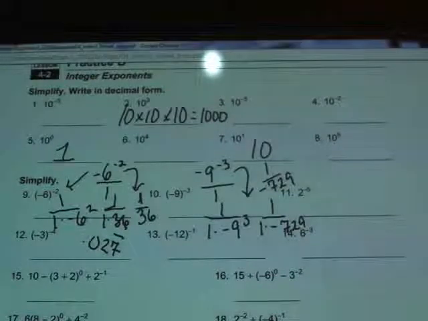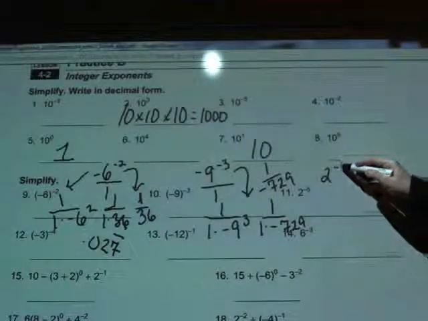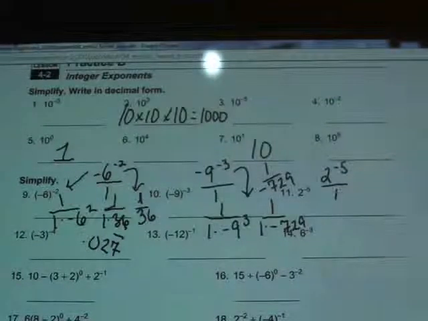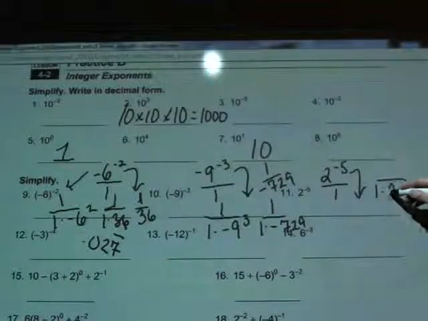2 to the negative fifth. So, again, I'm going to write this as a fraction, 2 to the negative fifth over 1. Now I'm going to take that part that's negative, and the negative exponent that is, and flip it to the other side of the fraction, and that's going to make the exponent become positive. So the bottom has already got 1 there, and now it's got 2 to the fifth.